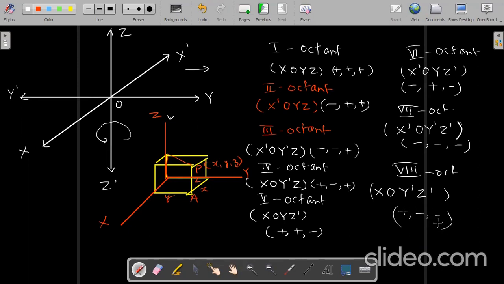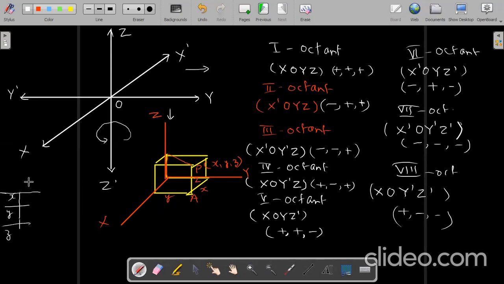So this you have to remember, or you can imagine, or otherwise you can make a table: octants first, second, third, fourth, with x coordinate, y coordinate, and z coordinate.